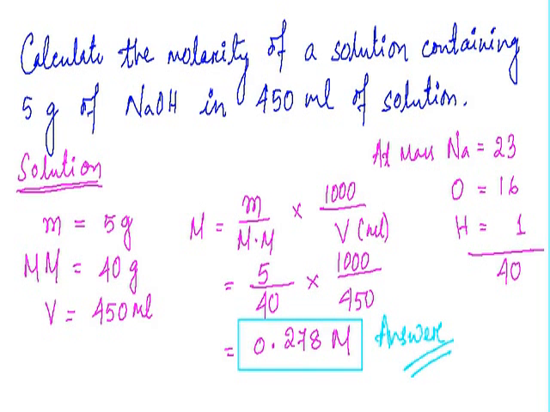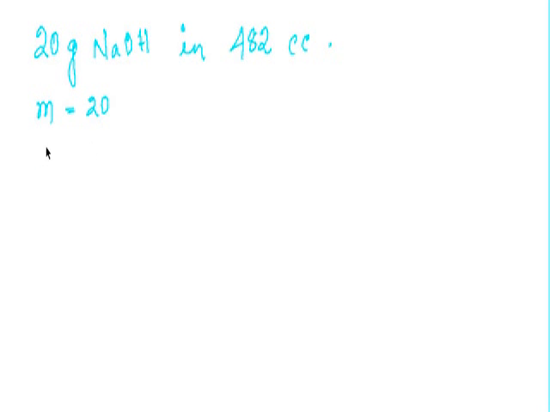Now we can take a few more examples as well. Let's take another example in which they have taken 20 grams of sodium hydroxide in 482 centimeter cube of the solvent. Now over here small m is equal to 20, molecular mass is equal to 40, because sodium hydroxide we have calculated that was 40, and then volume is equal to 482 cc.